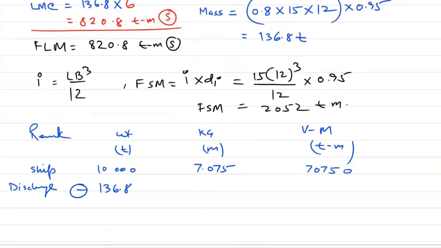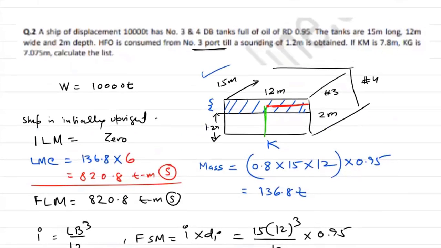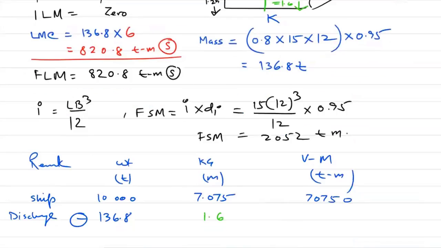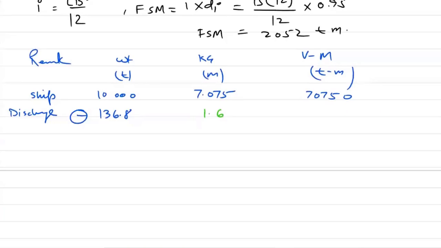Correct. 1.2 plus this is 0.4. So total 1.2 plus 0.4, that is 1.6. Make sense? 1.6 multiplied by 136.8 gives 218.88.